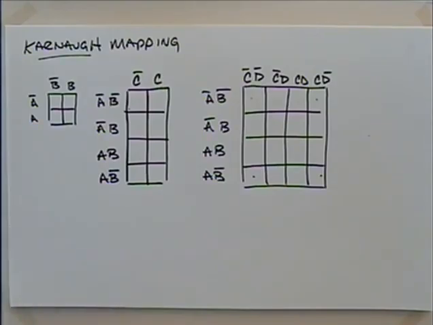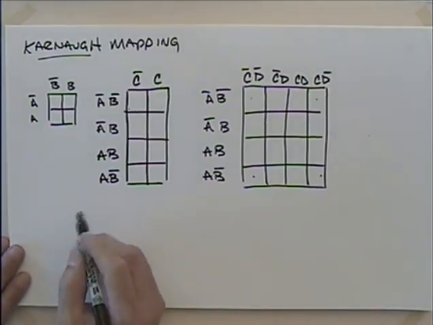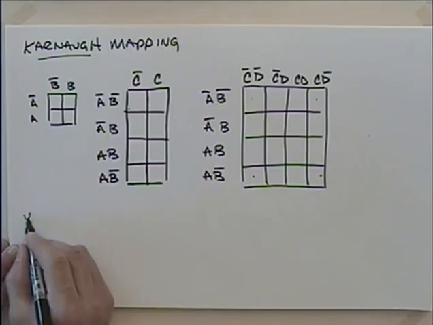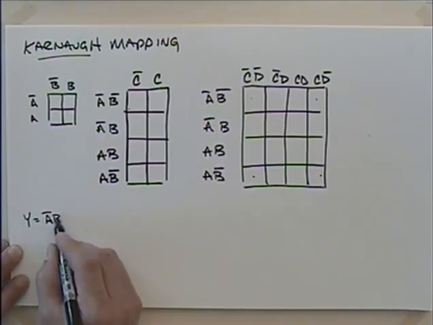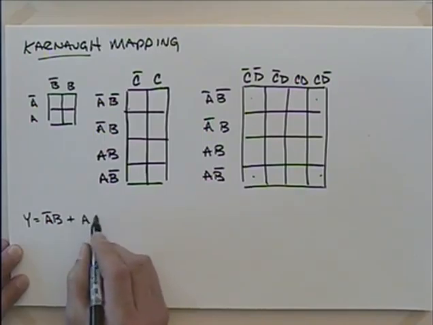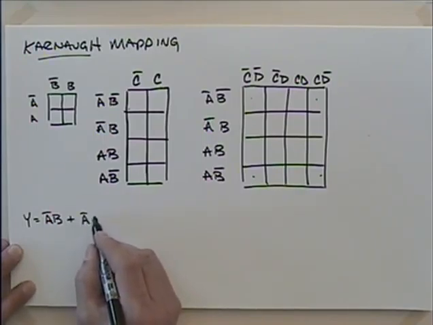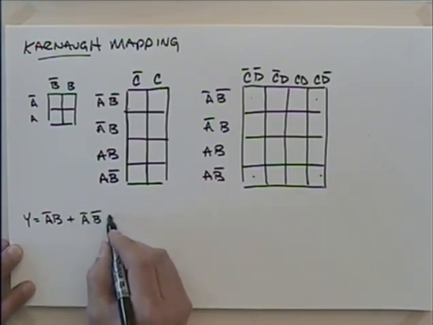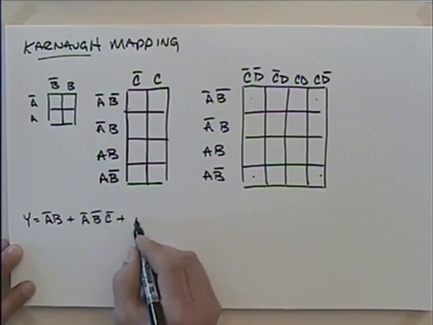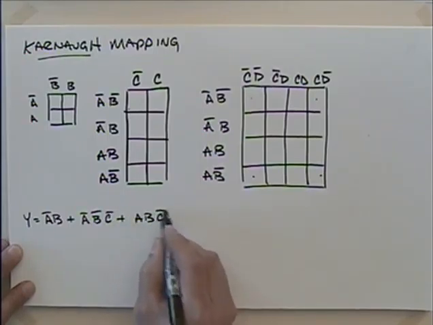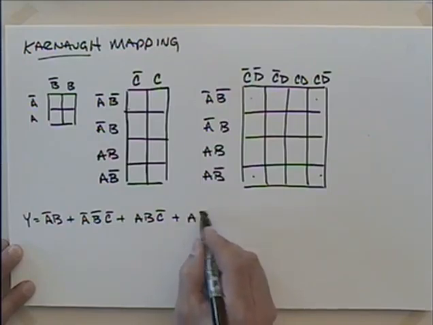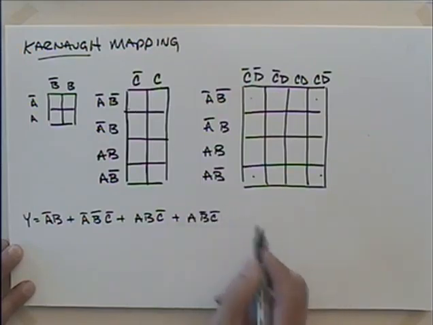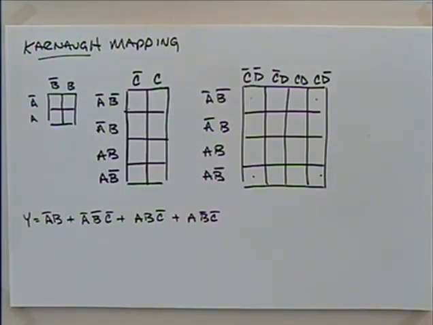Let's go to the 4 input ones. Let's try another 3 input. So let's say that we have something like this, not A and B, or not A, not B, not C, or A, B, not C, or A, not B, not C. That's a good one.